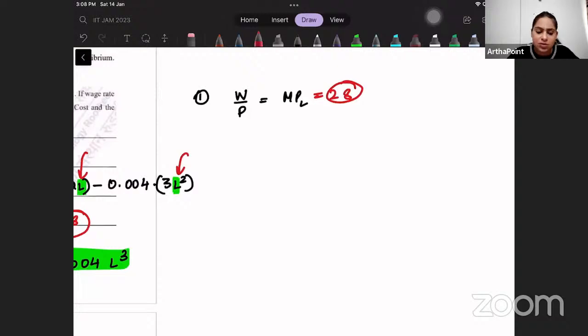What is the wage given? It's given 140. W by P is equal to 28. So what does P become? 140 divided by 28, which is going to be 5.